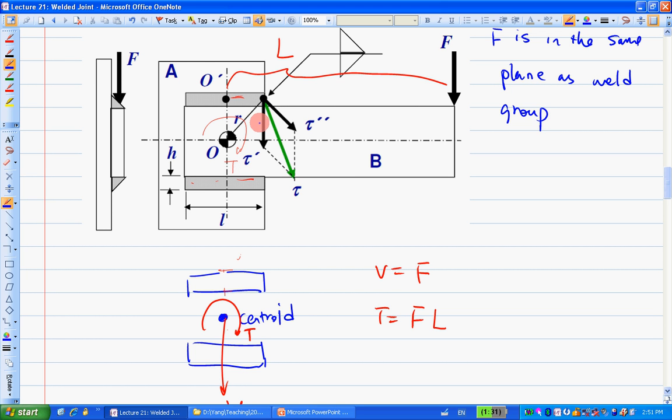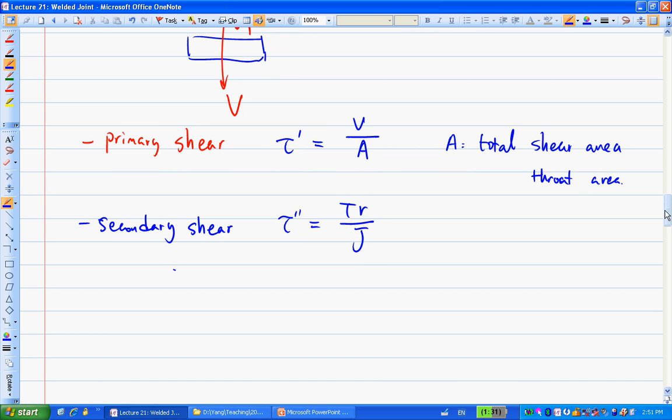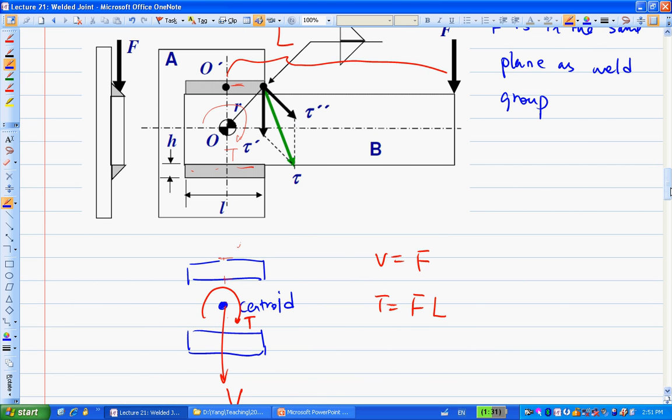The other thing that you need to be very comfortable with is this: what's the geometry relationship between tau double prime and the T? Make sure you know how to draw this tau double prime. You draw the R here.